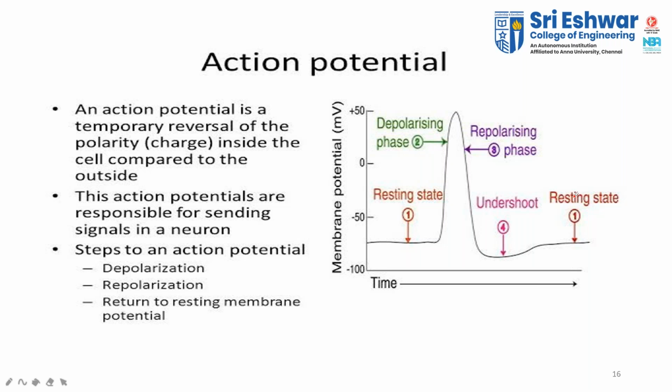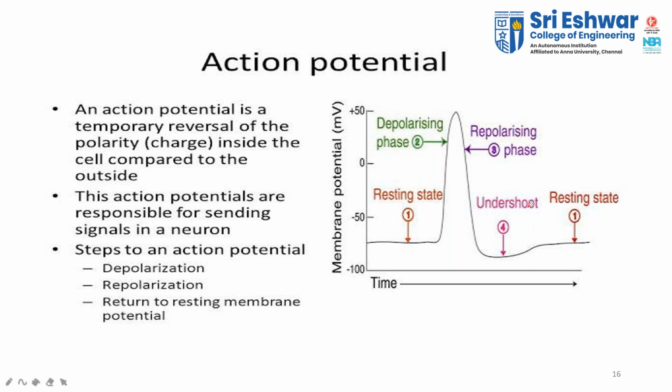So here you can see this diagram. This is the resting state. After application of some excitation, your cell has ionic movement. After maximum ionic movement, it comes back to the original place. The state where it comes back is called the repolarization phase, and again it reaches the resting state.